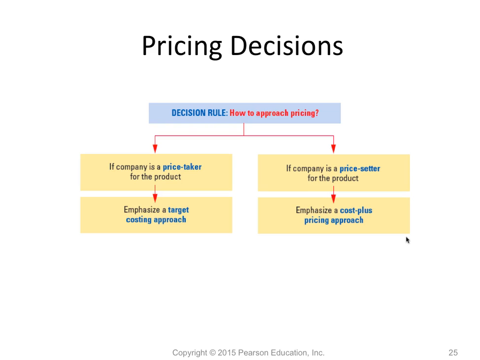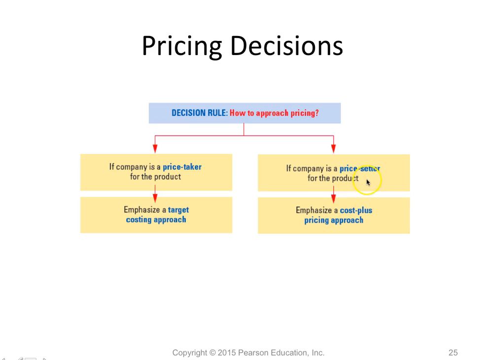For pricing decisions, the pricing decision rule is how to approach pricing. This decision has two yes and no kind of a decision tree. If the company is a price taker for the product, we emphasize a target costing approach.